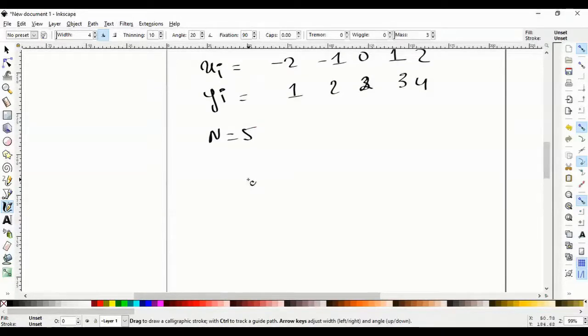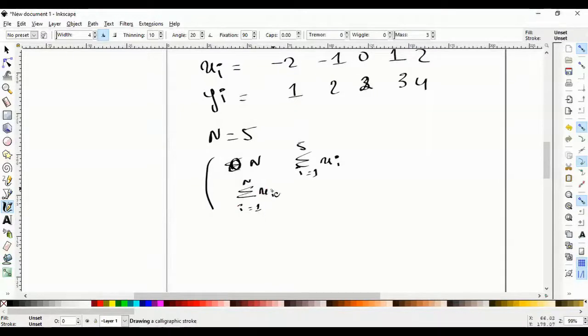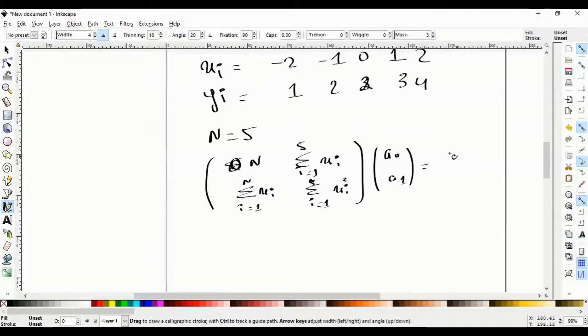So if I want to construct my matrix, it would be n, the sum of xi for i equals 1 till 5, the sum of xi, and the sum of xi square, times a0 a1, equals the sum of yi and the sum of xi yi.